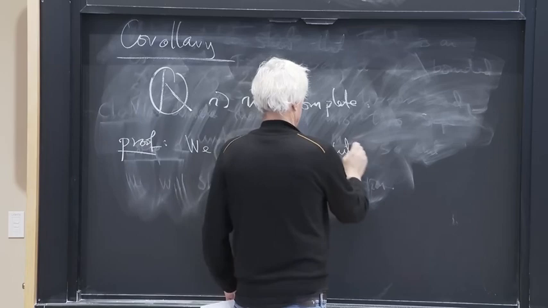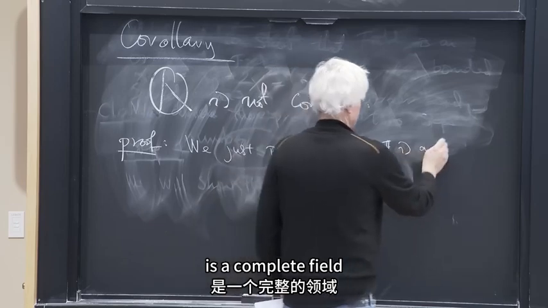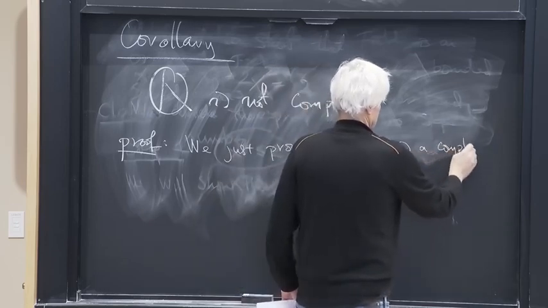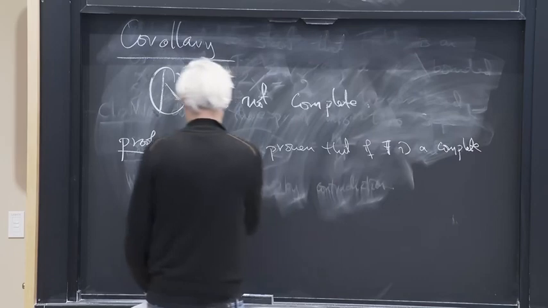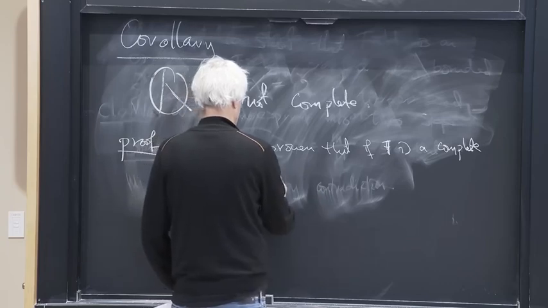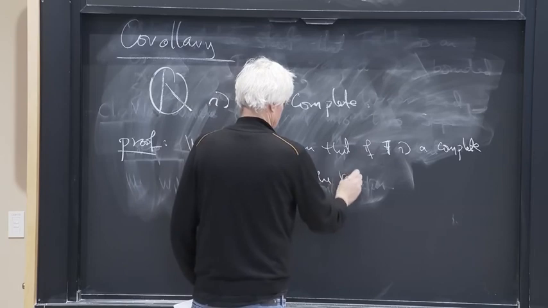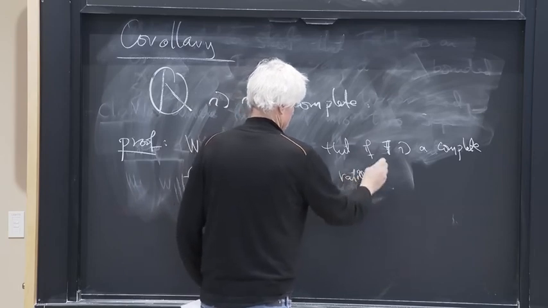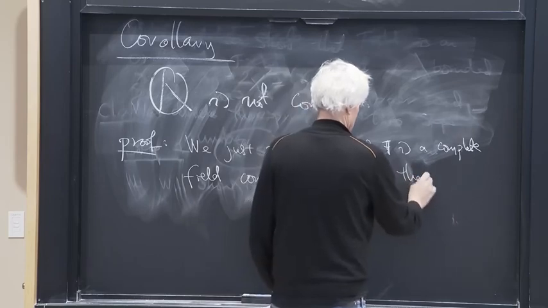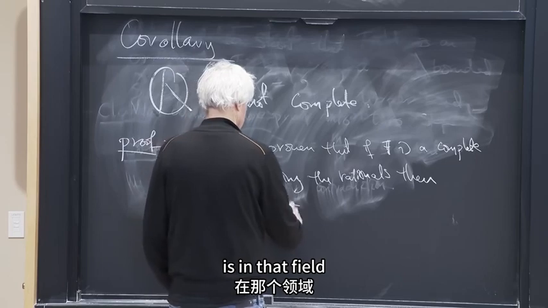Right? So we've just proven that if F is a complete field containing the rationals, then square root of 2 is in that field.